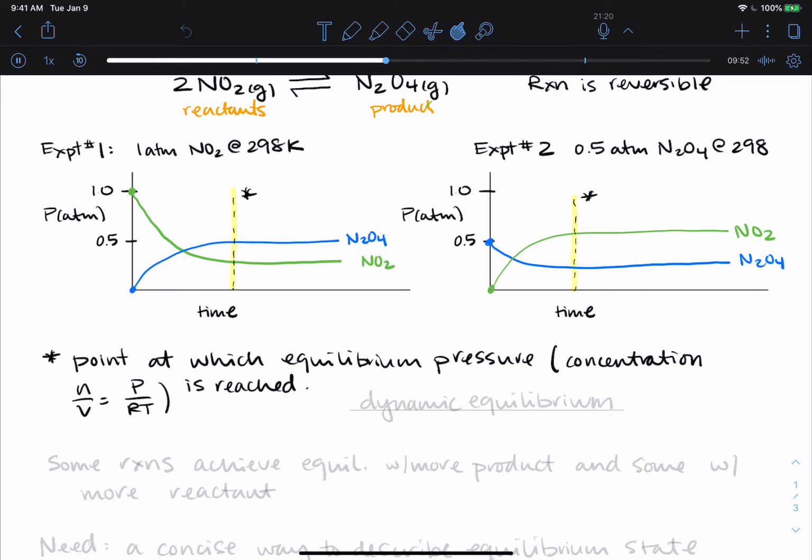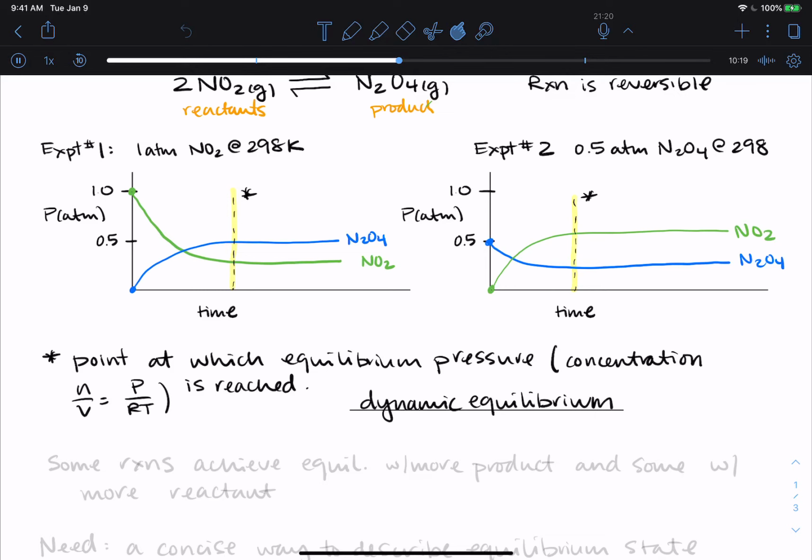And we also call this dynamic equilibrium. And the reason that we call it dynamic equilibrium is because the reaction is still happening. It's just that every time two molecules of NO2 turn into one molecule of N2O4, then one molecule of N2O4 turns back into two molecules of NO2.